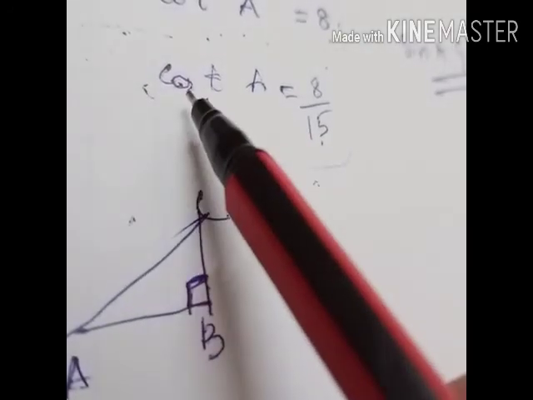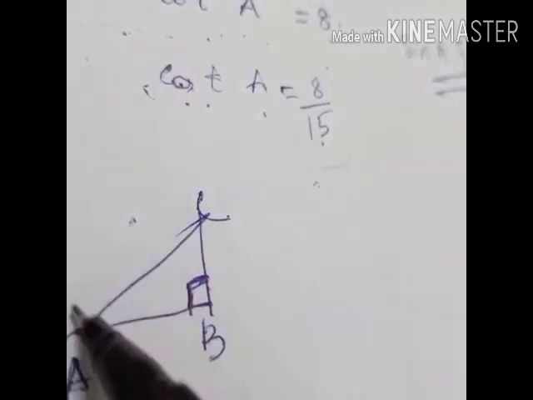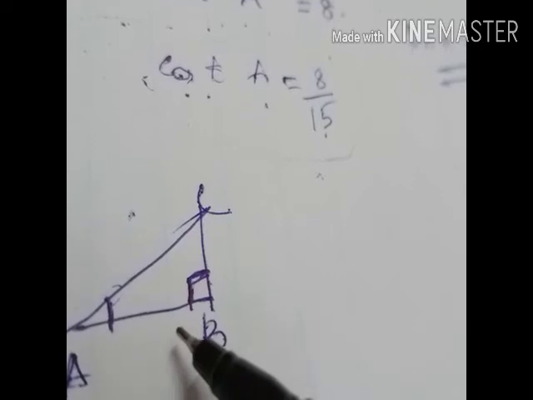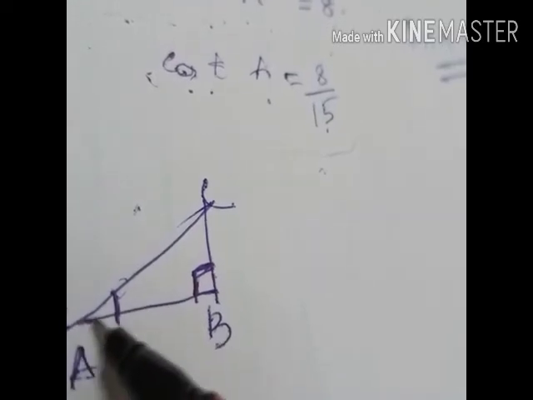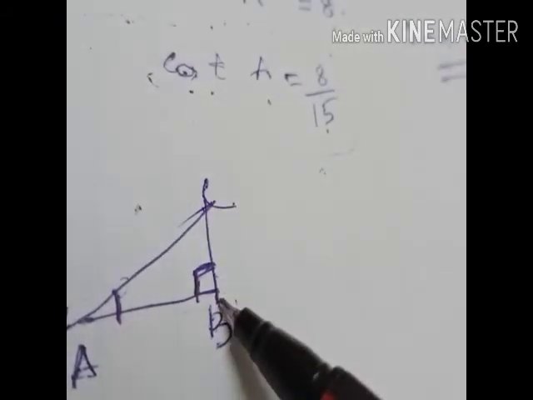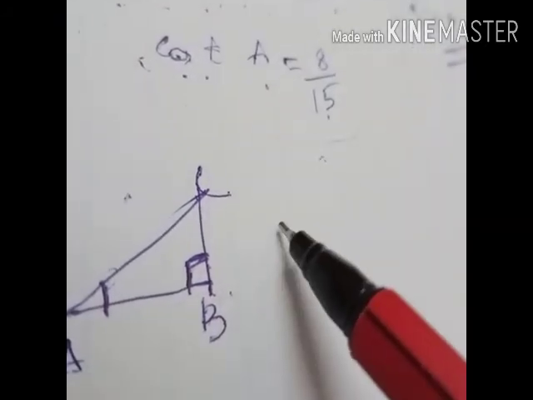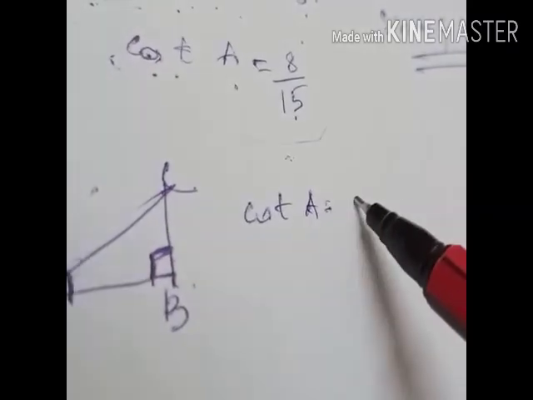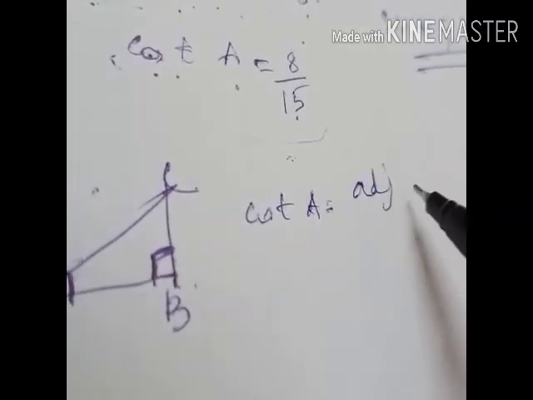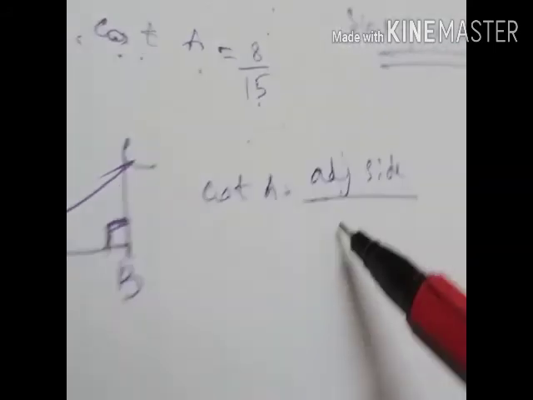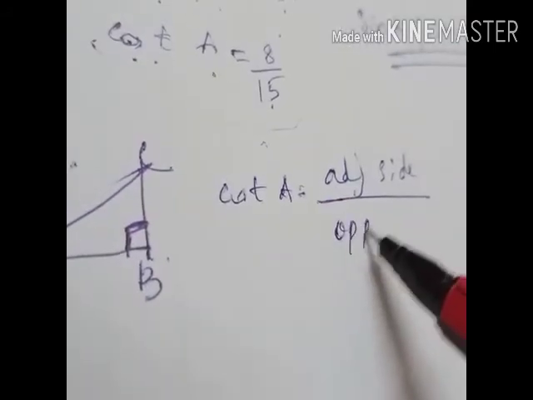Then it is given that cot A. So cot means what? Reciprocal of tan. That is side adjacent to angle A by side opposite to angle A. So here cot A equals adjacent side by opposite side.